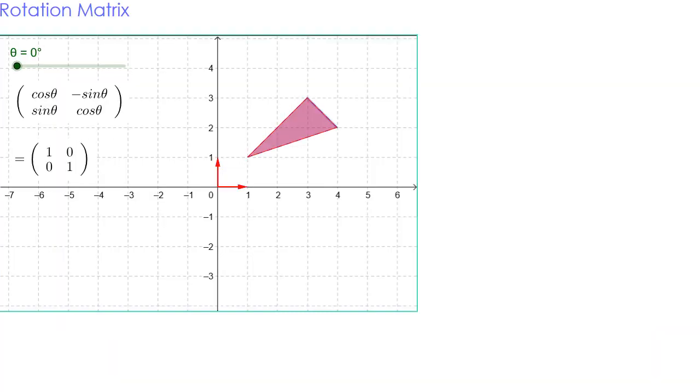So I found this GeoGebra applet thing that will help picture what's going on. If you rotate 0 degrees, then if you plug in the points in a triangle, they just stay where they are.